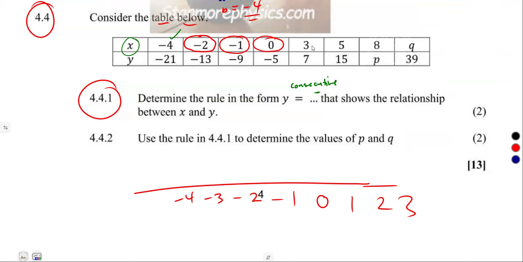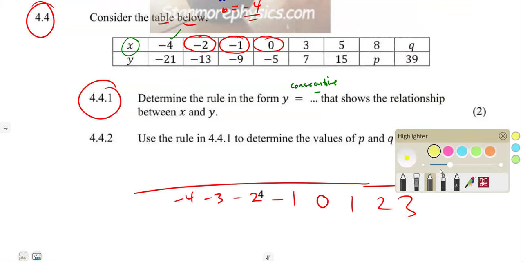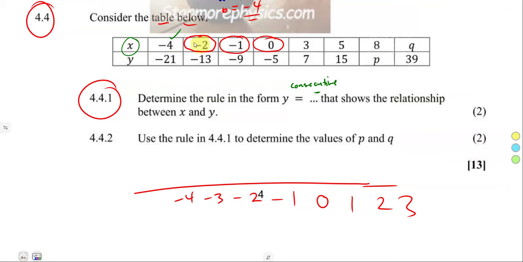We move on to 3, from 0 to 3. This is not consecutive. From 3 to 5, from 5 to 8, these are not consecutive. So from the consecutive input values, you can find the relationship.